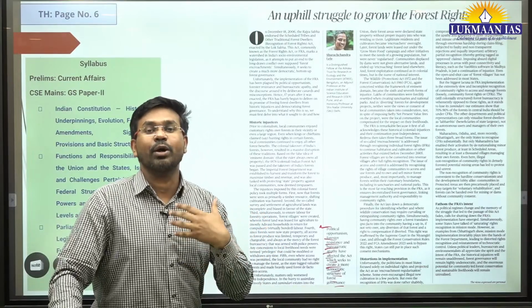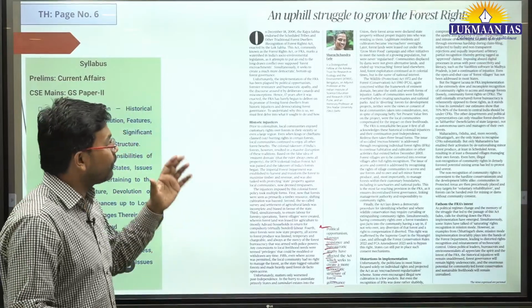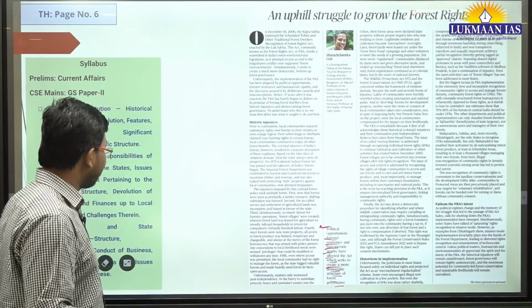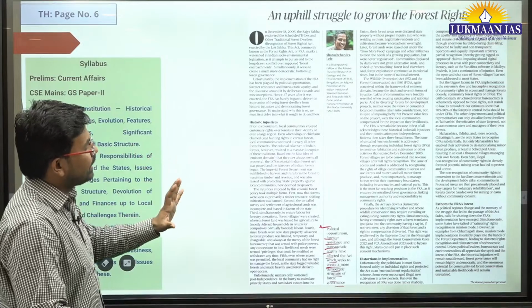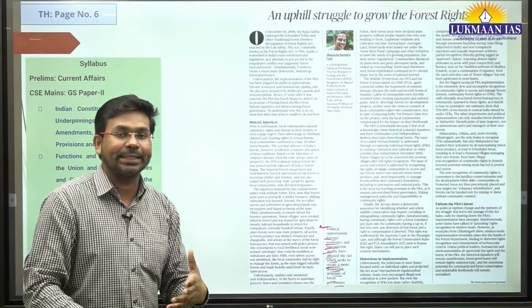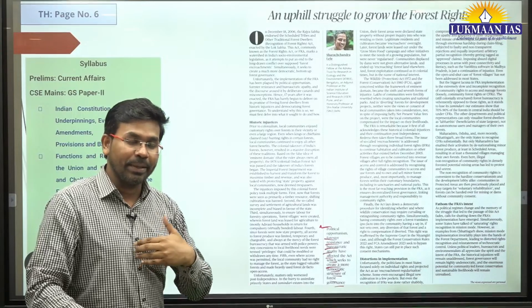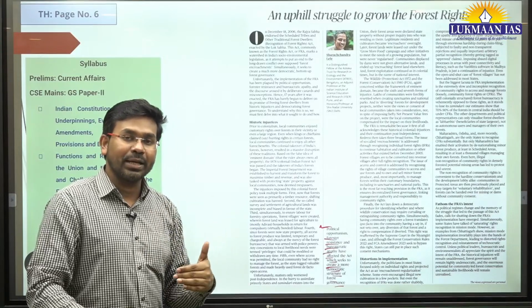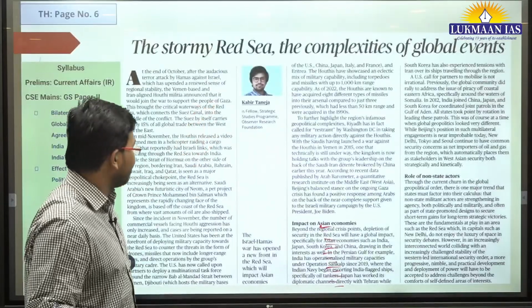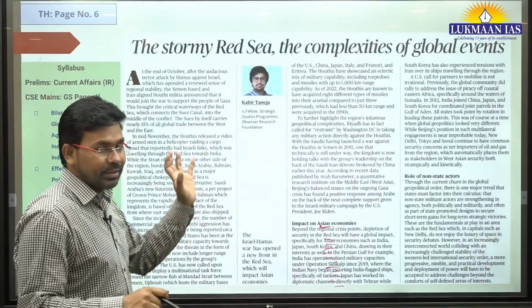The bureaucrats are also not willing to provide any kind of right to the forest dwellers. What we need to understand is that the Forest Rights Act is an important act that needs to be strengthened, so that forest dwellers actually get the benefit of the existing Act. With this, let us quickly move to another article.